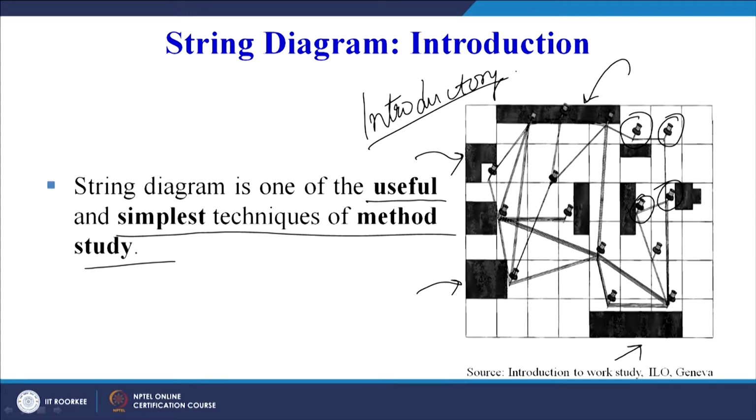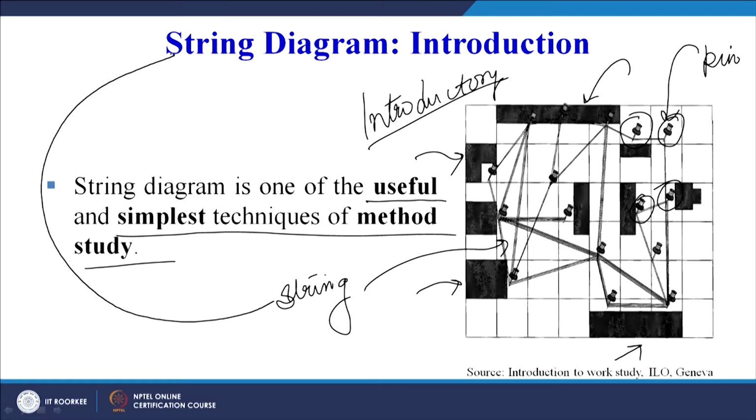It would look like this: there will be pins and there will be string. So this is a pin, and this is a string, and therefore the name string diagram. The name is from the string or thread that we use for depicting the movement of the men and material in the workshop.